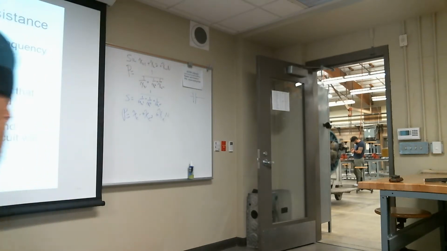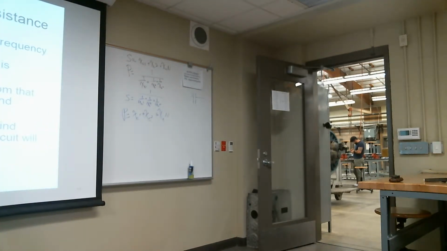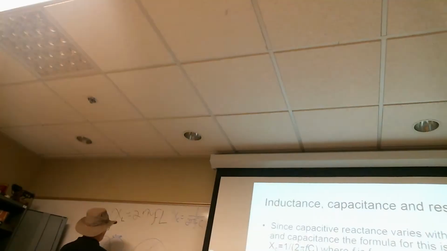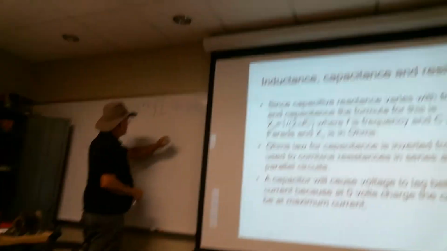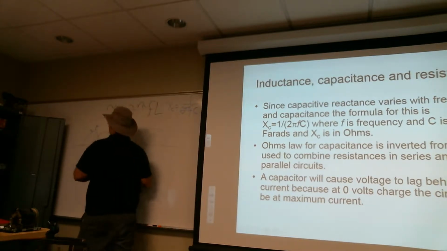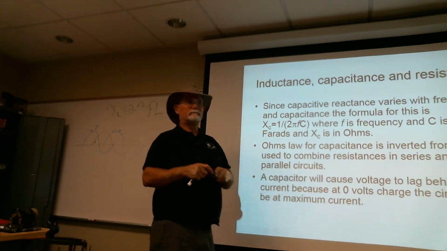So current is going to go the other direction. It's going to lead the voltage. In this particular case, it's going to lead, and this one's a little hard to draw. So in the case of X sub C, current is going to go the other direction with respect to voltage.